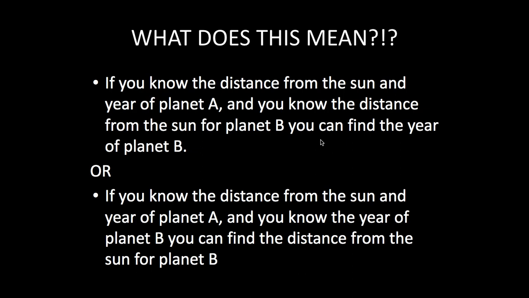Knowing Kepler's third law is helpful when we're looking at other planets, because if you know the distance of a planet, you can figure out how long the year is, and likewise, if you know how long the year is, you can figure out the distance. One of the big things with astronomy right now is finding planets that could harbor life.